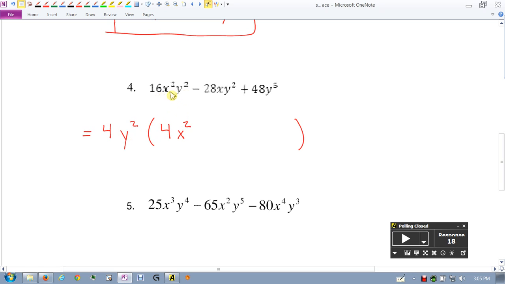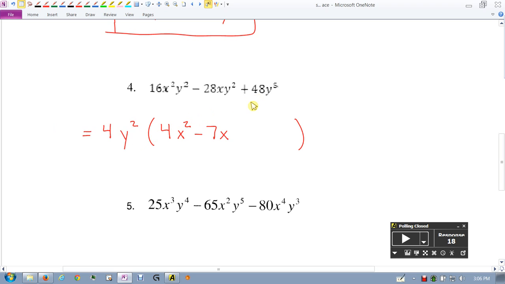And that's it. We've got the first term. Now, how do I turn a 4 into a negative 28? Multiply it times negative 7. I need an x. I didn't have any x's here, right? So I'll have to put an x in there. Y squared, I already have it. So we're done with that part.